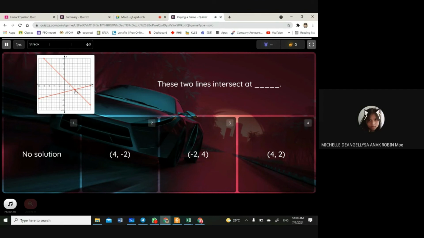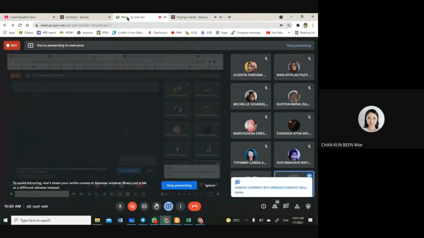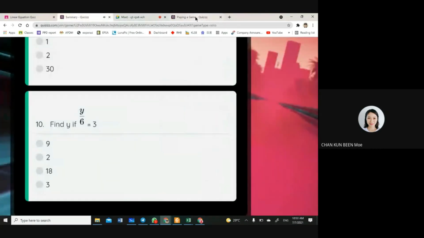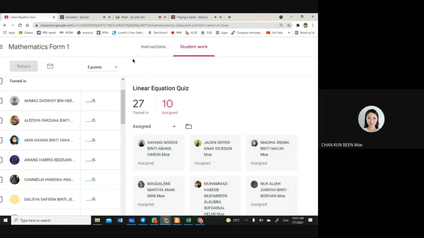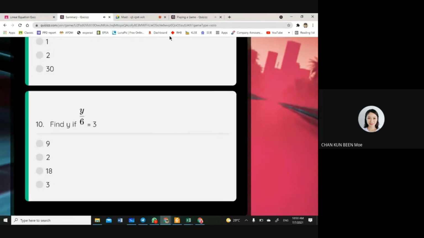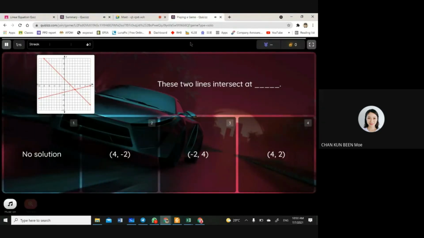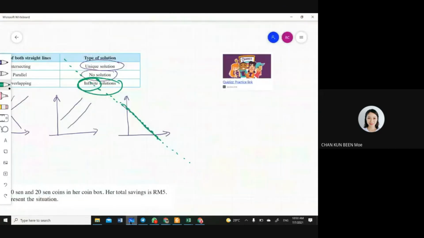Not sure whether you can see it. Okay, never mind. I share the link to you. Everyone do this right now, but then you just need to type how many marks you get later on. Type only. Okay? But one thing, you be honest, don't cheat.